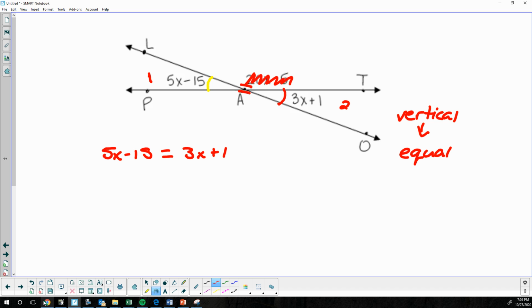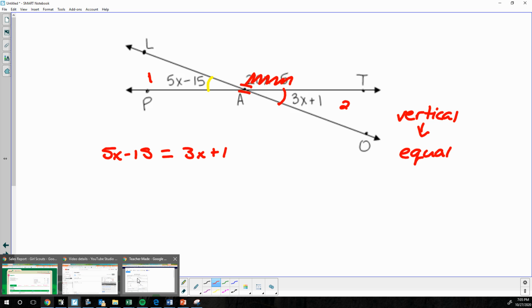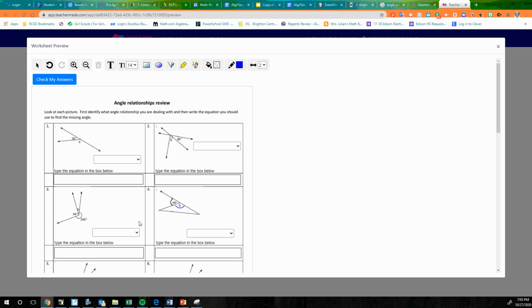And now moving on, I want to show you, this is the practice paper that you will have. It's a teacher made. So just to show you one, you're going to look at each picture, and then on the drop down menu it gives you their relationship.